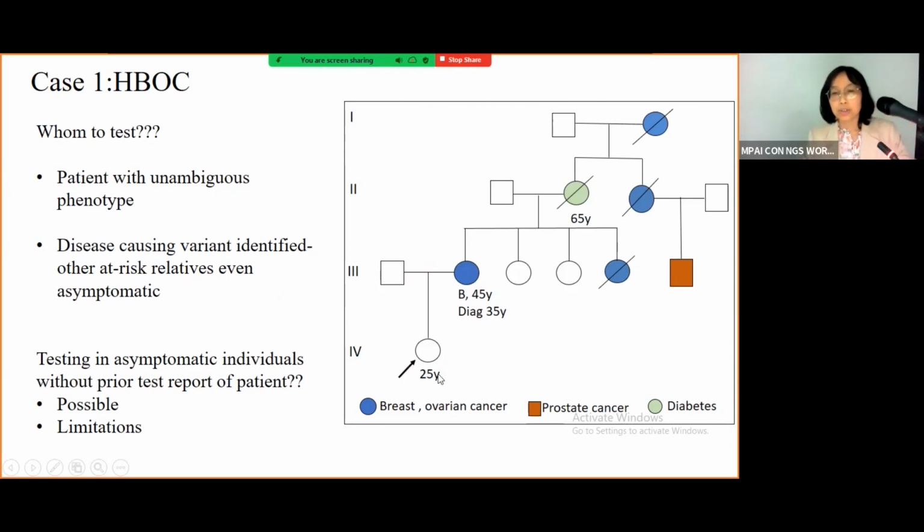So the question is, can we test her directly? Yes, of course we can test her, but there are certain limitations, and for more appropriate interpretation of the test results and genetic counseling, it is preferred to always test the individual with the disease first.